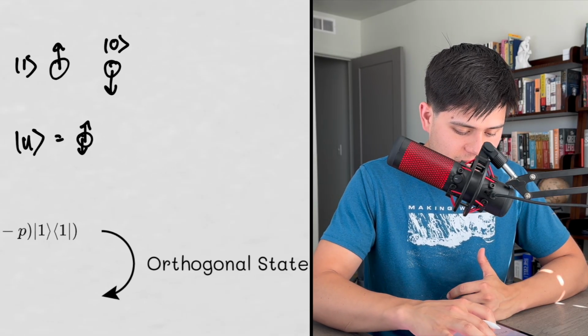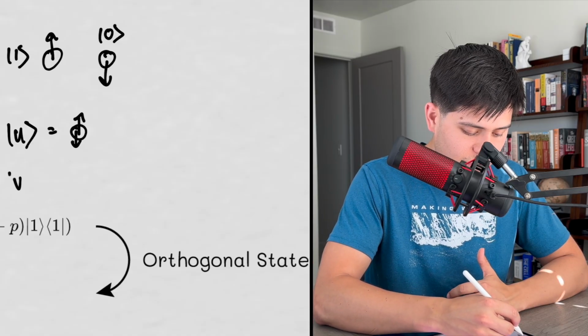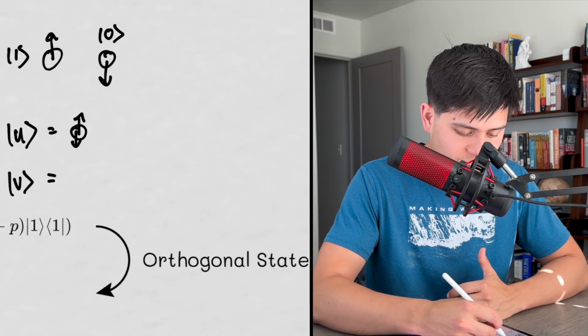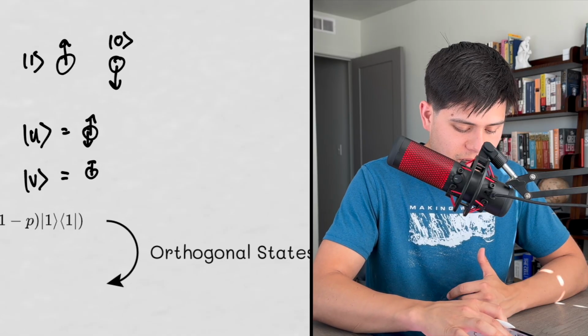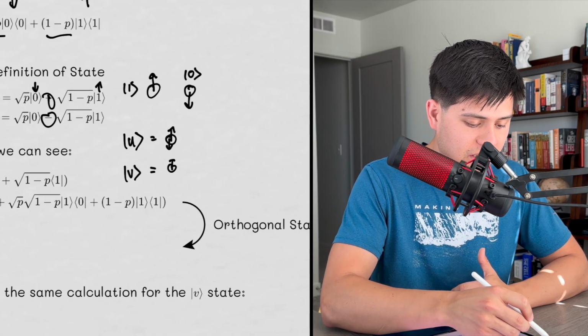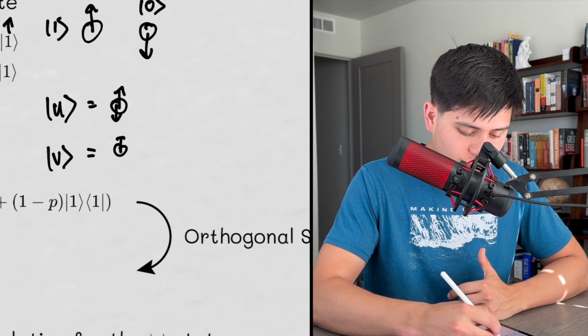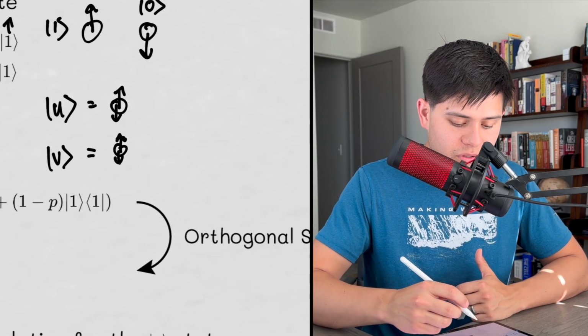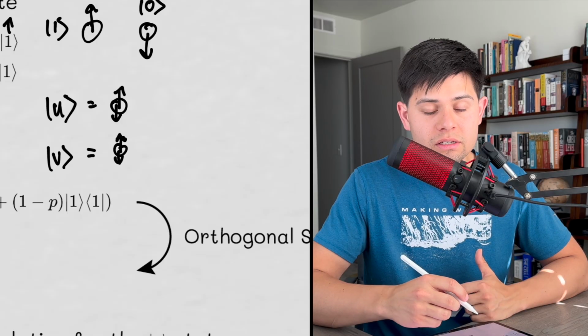And then our V state is also in a superposition of up and down, just mathematically different: instead of this plus sign we have the minus sign. And so we have, again, a superposition of up and down states.